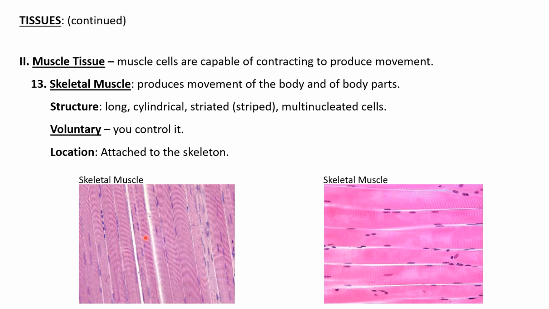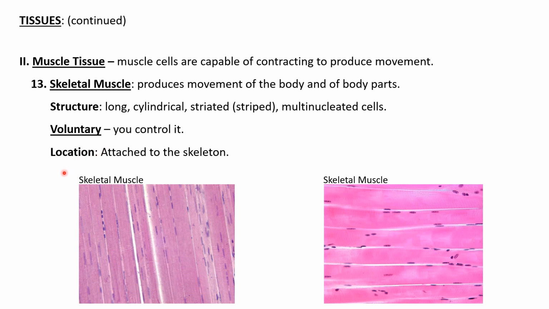So these cells might run the whole length of one of your muscles. And it might have just hundreds of nuclei in it. Because it's such a long cell, it's going to need a lot of nuclei. Skeletal muscle is voluntary. That means you control it. You volunteer to do what you want to with your skeletal muscle.